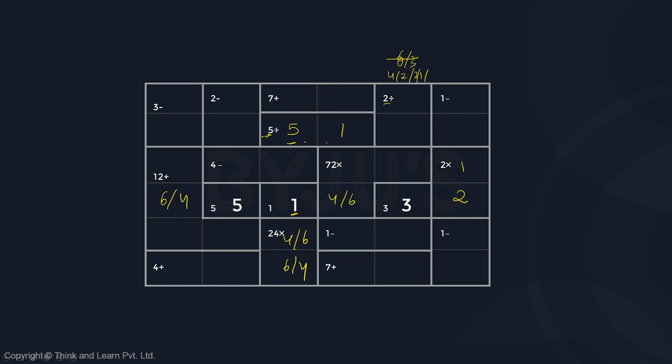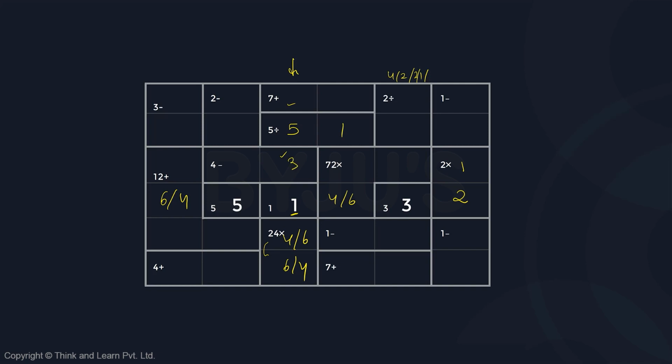Let's remove the extra part also, so that you can understand it better. Alright, moving on. In this column we have 5, 1, 4 and 6 in any order. So we are left with 2 and 3. So here and here, either 2 or 3 will be there.